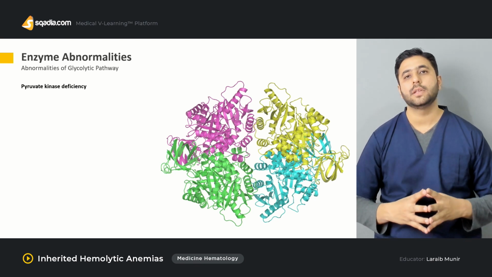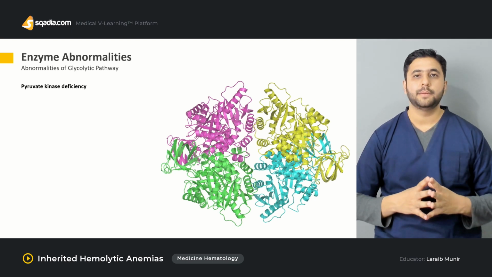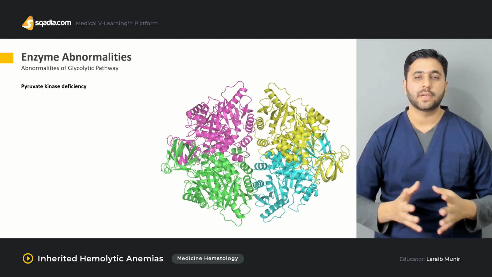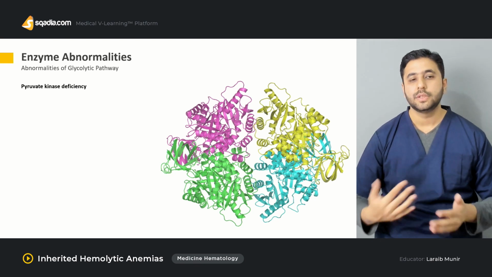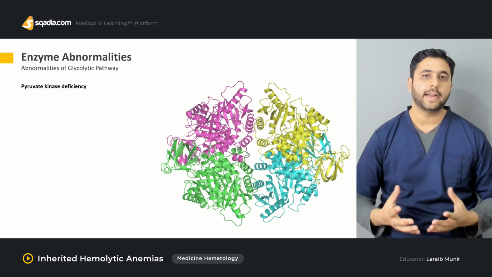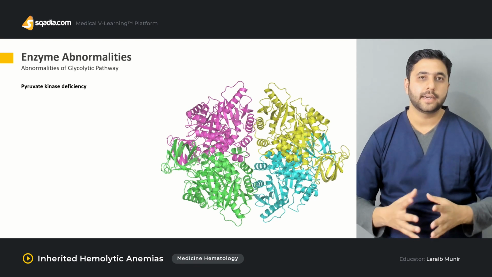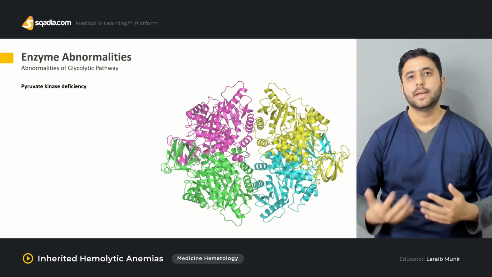The RBC is dependent on the generation of ATPs. So that leads to problems with the RBC membrane formation and the cytoskeletal membrane formation, and that makes the RBC prone to destruction. So as the RBC passes through the splenic macrophages, it can get entrapped there and destroyed by the splenic macrophages. That leads to the development of anemia.